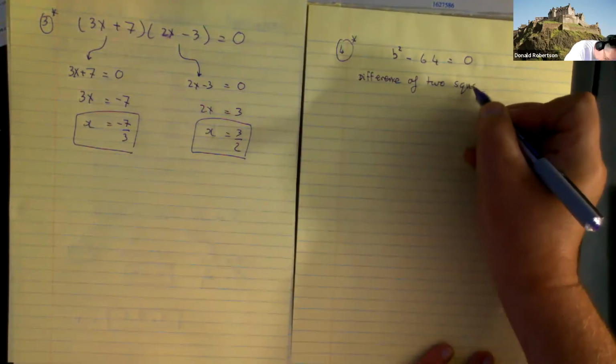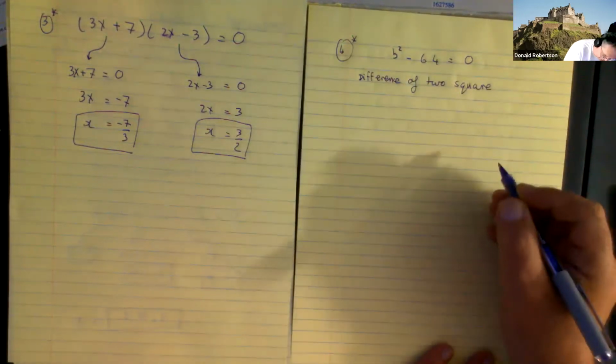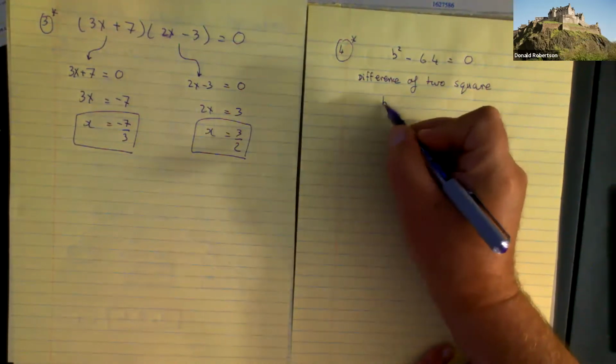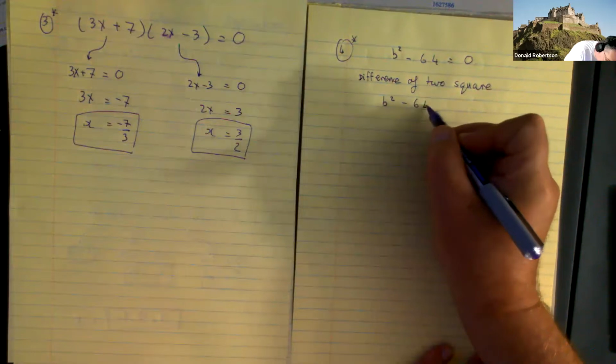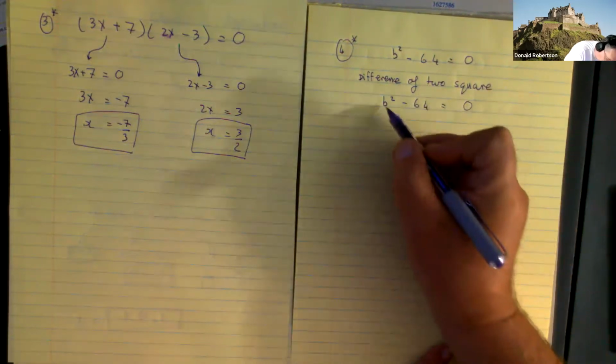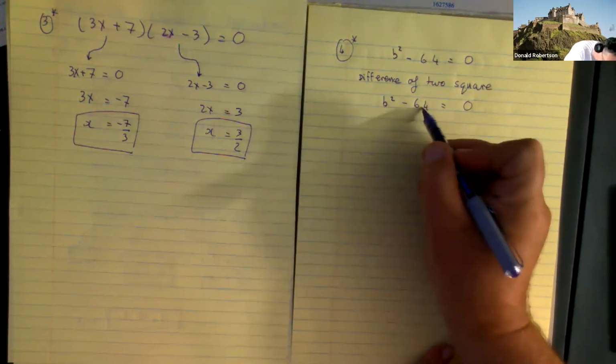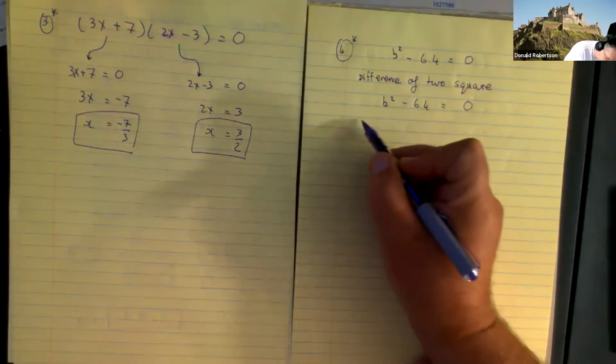And we are going to factor the left-hand side. And there's a very simple way to do this when it's only two squared terms subtracted.